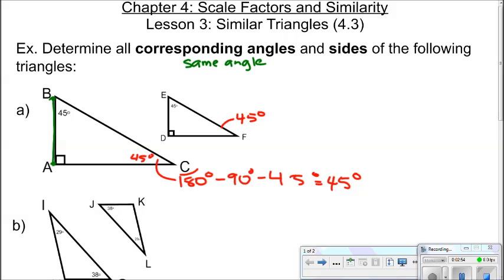Side length BA is from the 45-degree angle to the 90-degree angle. Its corresponding side length would be ED because it has the same angles on each end. So those two are corresponding sides. The same goes for A to C, which corresponds with the side length DF.